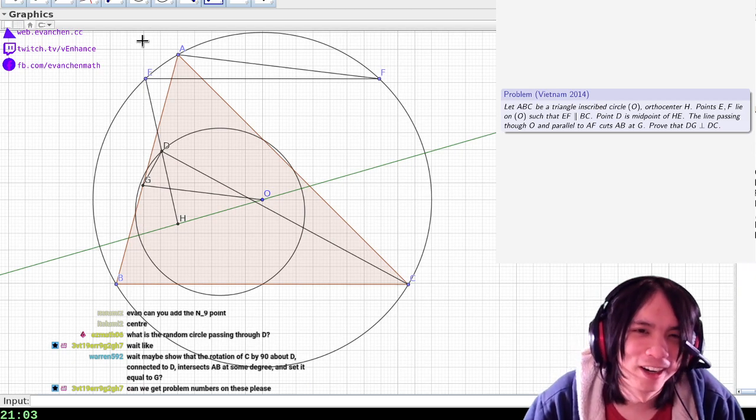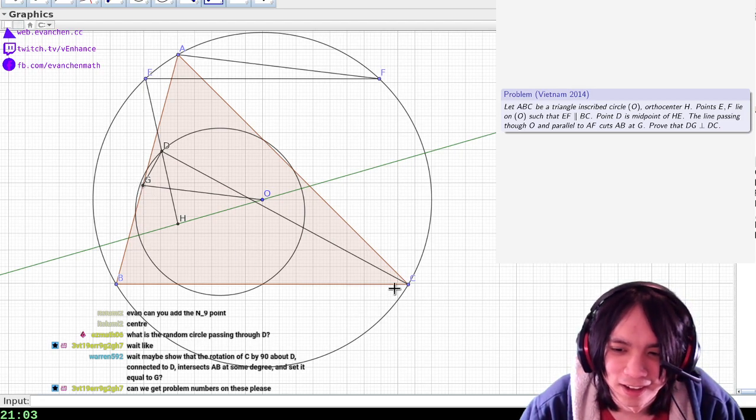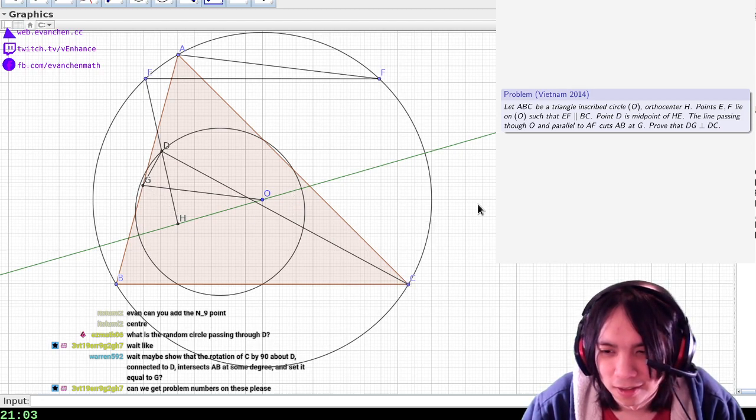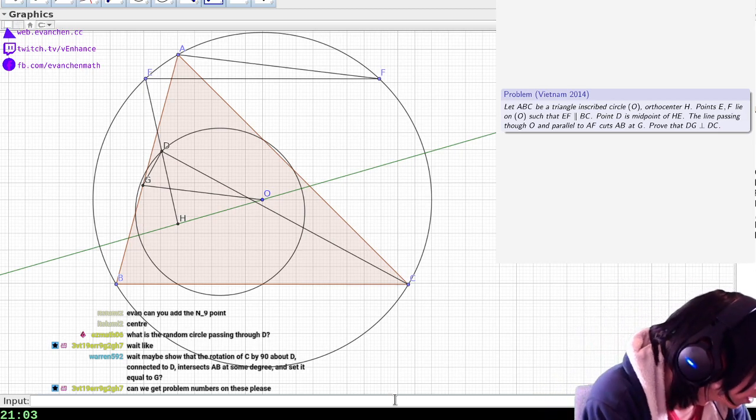How does this not work? All I want to do is rotate. Is it because I have it in the wrong order? No. Okay, whatever. I give up.